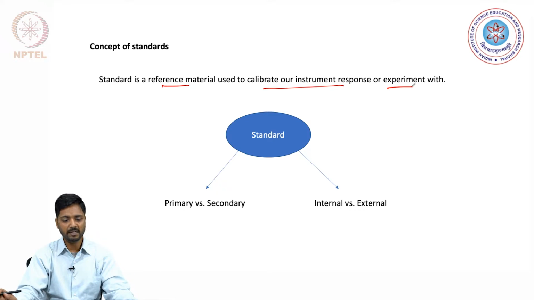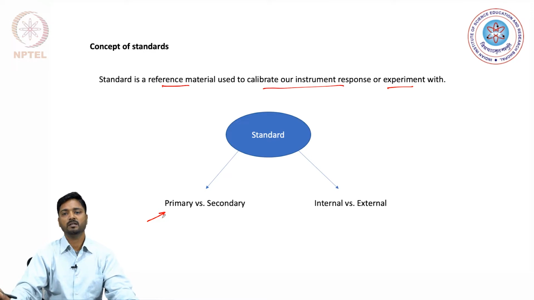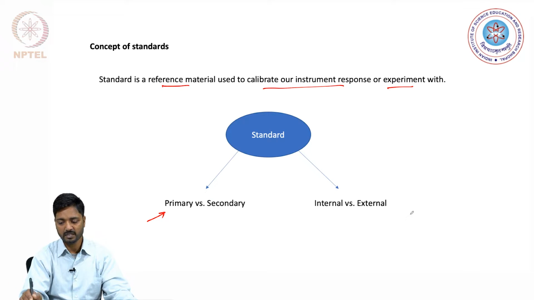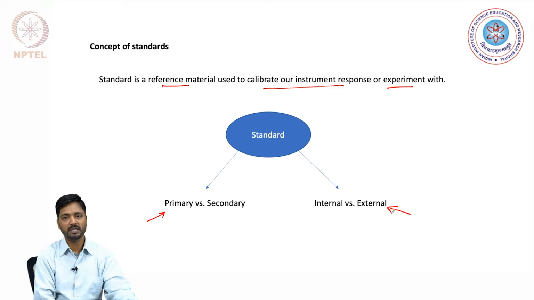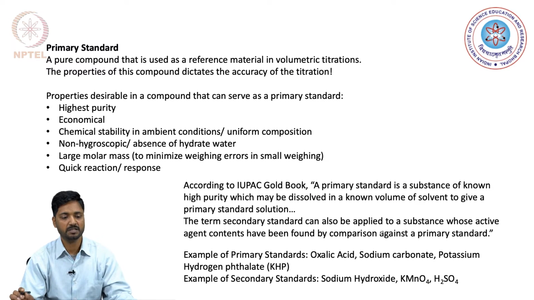This standard can be of two types. We can consider a standard as a primary standard or a secondary standard. Similarly, a standard can be internal or external based on whether it is present within the sample or is externally employed. So let us quickly understand what is a primary standard.